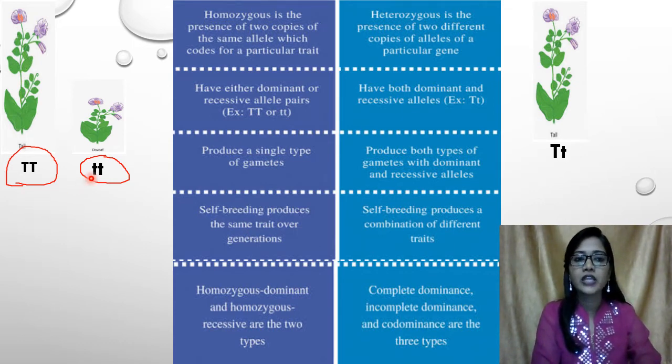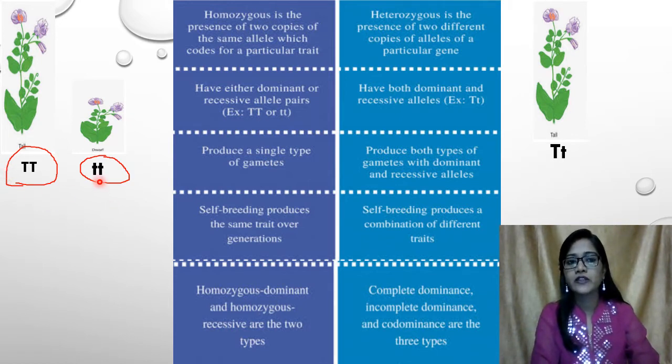In the same way with this pure dwarf plant, after self-breeding we will get the same trait over generations. Homozygous dominant and homozygous recessive are the two types of homozygous plant.